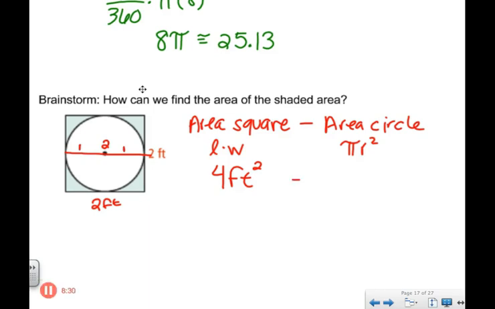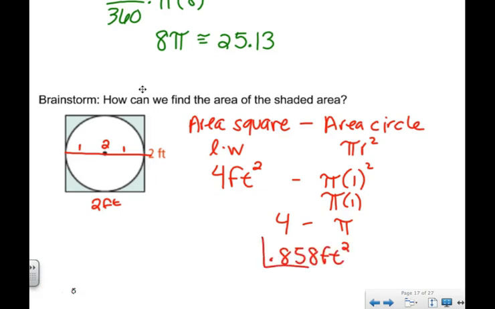So the area of the circle would be pi 1 squared, which is just pi times 1. Which is just pi. So I would do 4 minus pi, and that would give me the area of that outside shape. So 4 subtract pi would be 0.858 feet squared. So again, we're squared because we're talking about area. Okay? So that's how you find the area of a shaded figure.